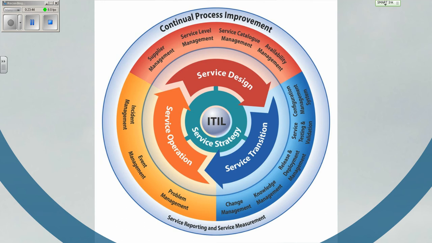You look at the incidents and the problems you've had, and you design an improved version, an improved way of managing your department. And then you manage your transition into this new way of managing things. And then you run it. You run your operation. But the focus is on continually improving the processes which are in place within your IT department.